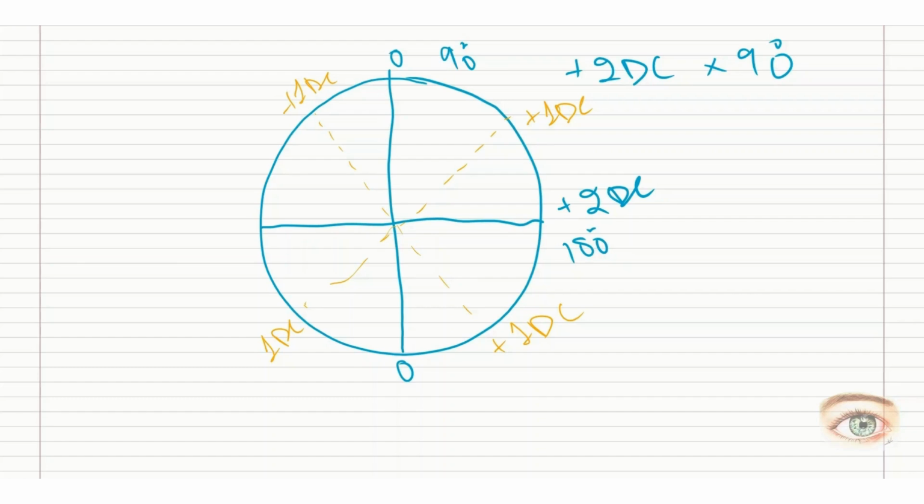Now, going, and at this point, I will have plus 1.5 diopter cylinder, right? And at this point, I will have plus 0.5.